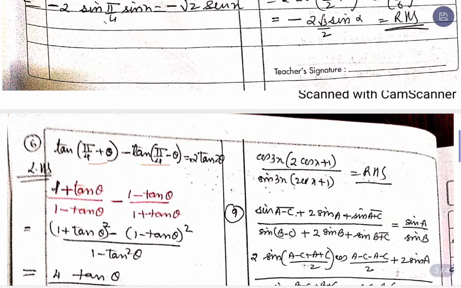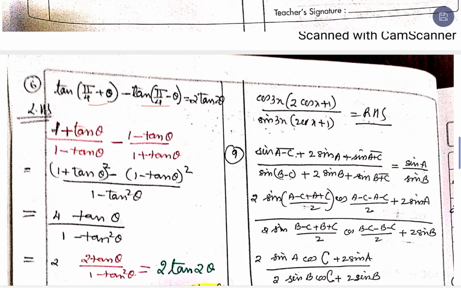Now, to take this up further, we will have to rewrite this. Tan of (pi on 4 plus theta): in the previous class I have already explained that this reduces to (1 plus tan theta) upon (1 minus tan theta). How do we get this?